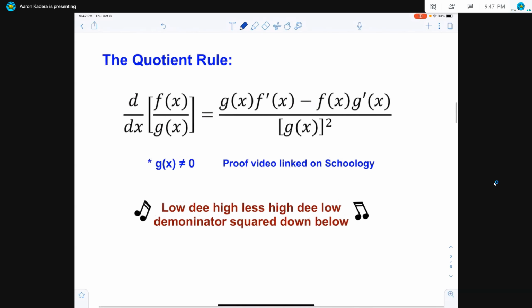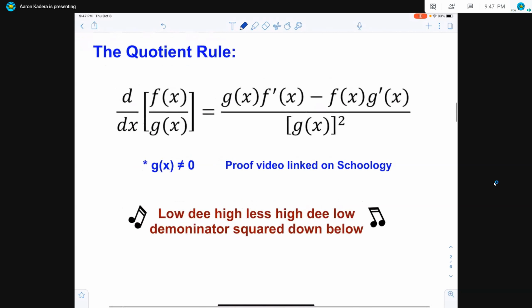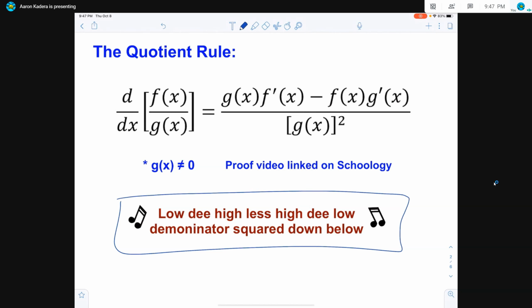So if you are taking the derivative of a quotient, and again, if you can't get around it using power rule or something like that, then you are left with doing the quotient rule, which is a little bit more complicated. It's kind of like the product rule, except there's a minus sign in between. Okay, so that's one way to sort of memorize it. The other way to memorize it is this little jingle down at the bottom, low d high, less high d low, denominator squared down below.